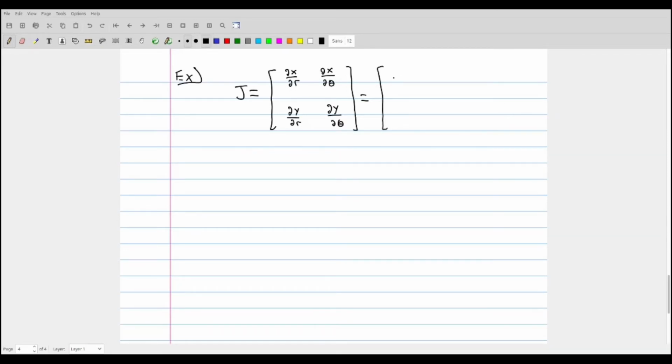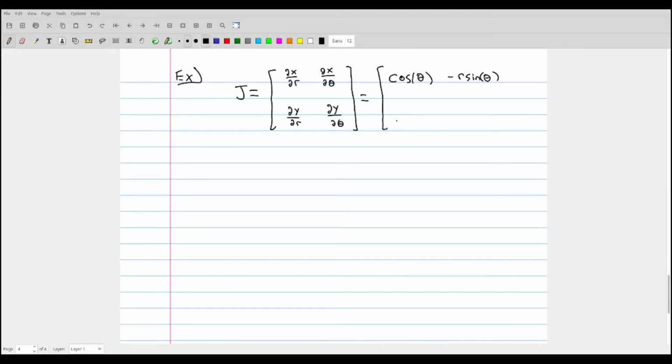So dx/dr is the partial derivative of x with respect to r, which is going to be cosine theta. The partial derivative of x with respect to theta is going to be negative r sine theta.